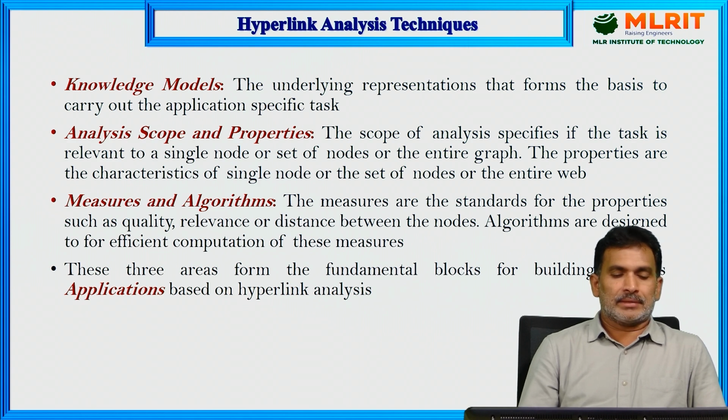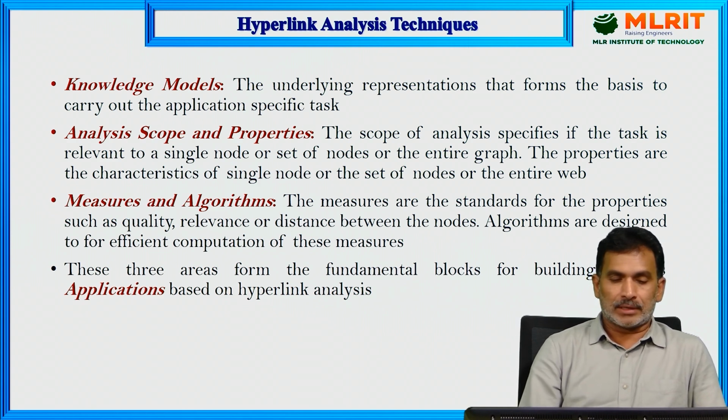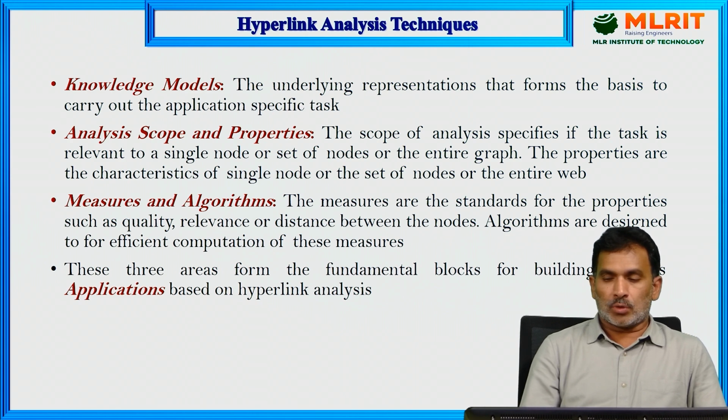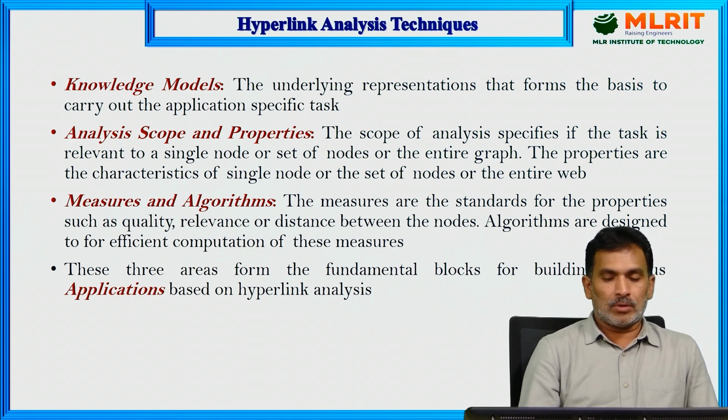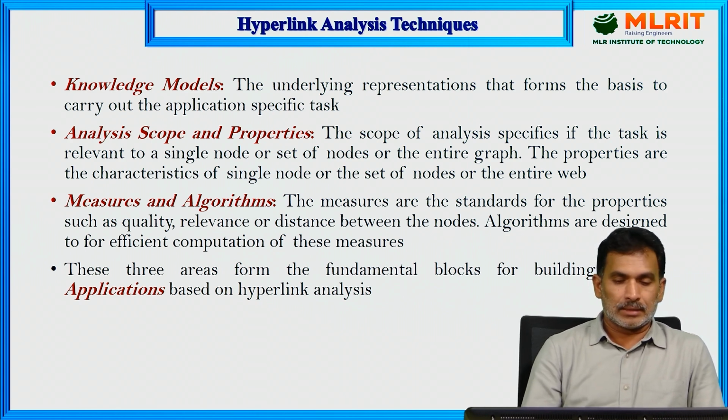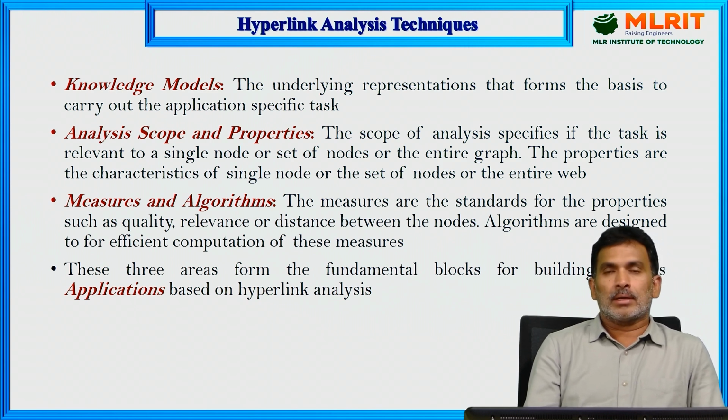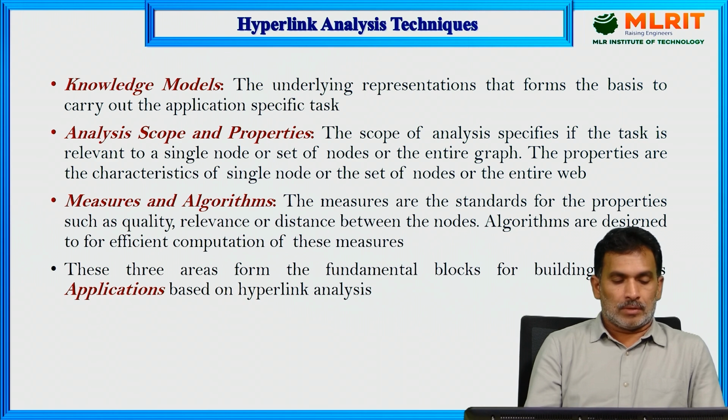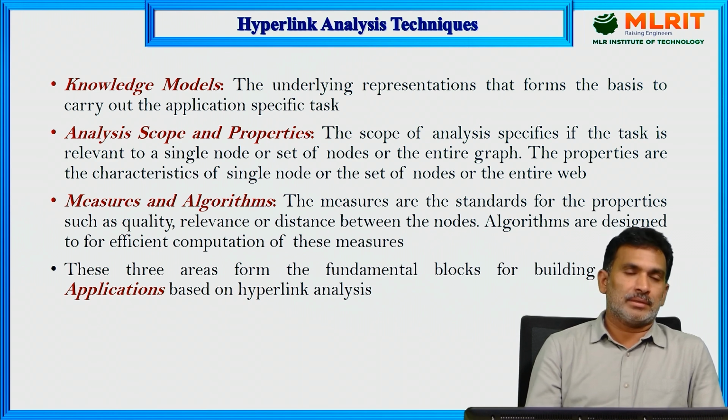Next, analysis scope and properties. The scope of the analysis specifies if the task is relevant to a single node, a set of nodes, or the entire graph. The properties are the characteristics of a single node, a set of nodes, or the entire graph. Next, measures and algorithms. The measures are the standards for properties such as quality, relevance, and distance between nodes. Algorithms are designed for the efficient computation of these measures.